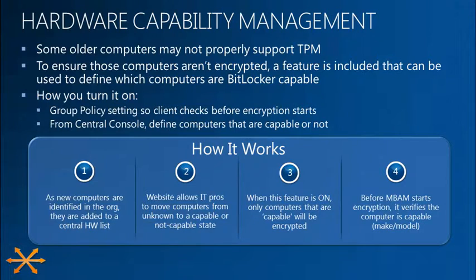And if you're going to test it, you have two choices. One, you can do all the testing, you know what your hardware is, and just roll with it. That's actually the default in MBAM, this feature is disabled. We assume if it's TPM 1.2, it's good. If you have some spurious hardware on your network and you really want to be secure and make sure it's only being deployed on the ones you want, this is a great tool because you can actually turn on the hardware capability management.